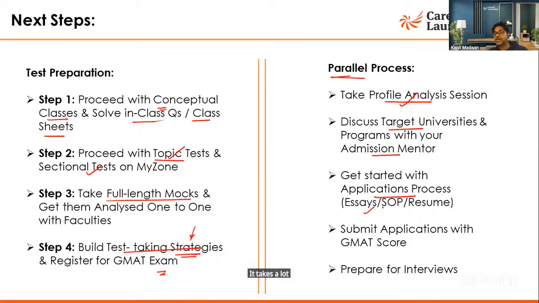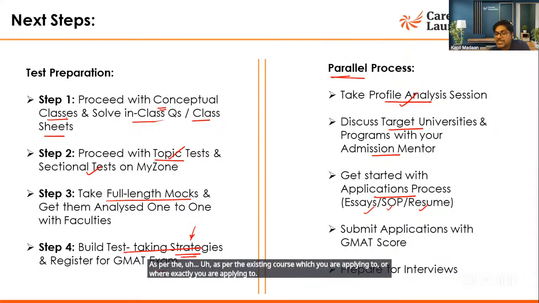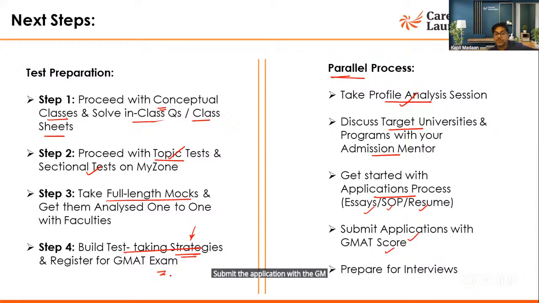So see to it that your SOs, essays, SOPs, resumes are well in place as per the course you are applying to. See to it that it matches that requirement. Submit the application with the GMAT score which you have, and then prepare for the interview. That's how you should prepare, in a very, very logical way.